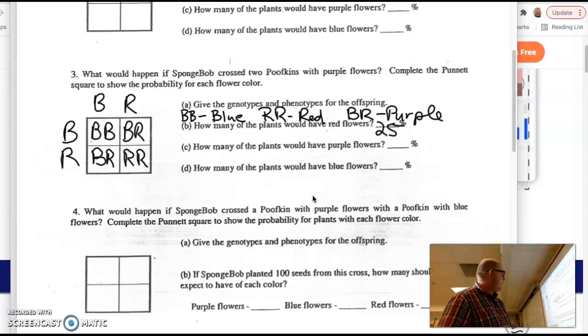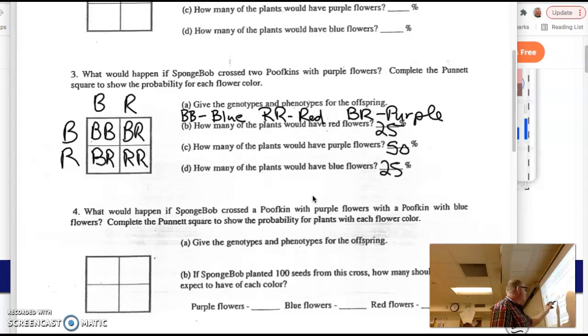There is 2 of 4, so that would be 50%. And then the last one would be how many plants would have blue flowers? That's big B, and that would be 1 of 4. Again, that's 25%. You add this up, 25 and 50, and 25 is 100%. So we've got all the flowers accounted for.